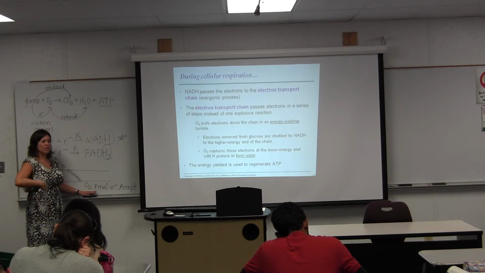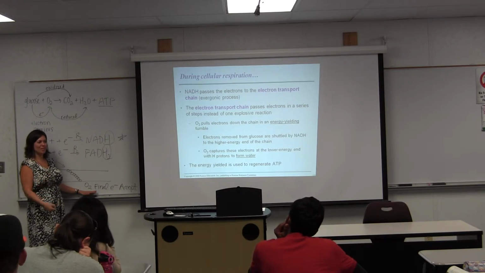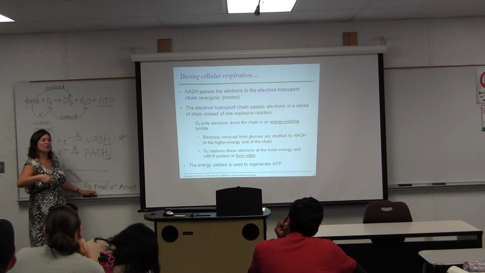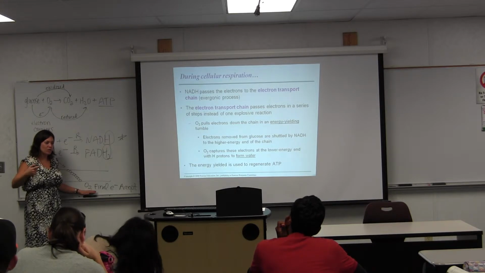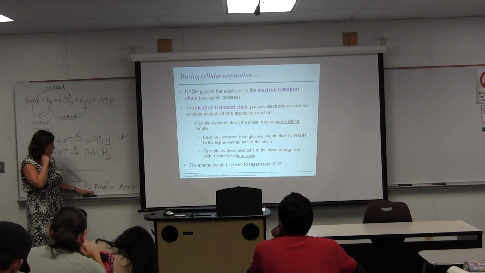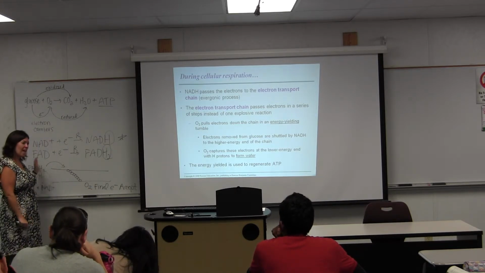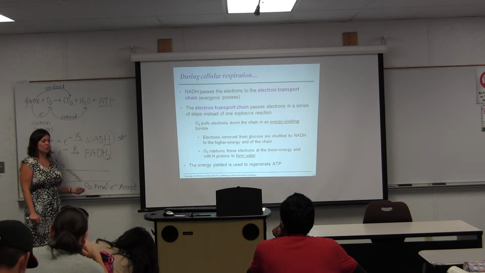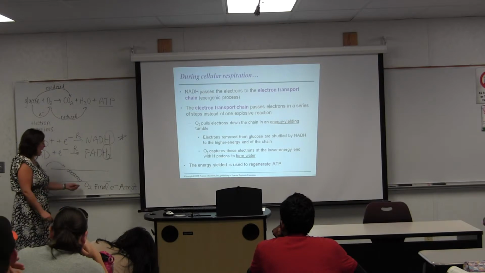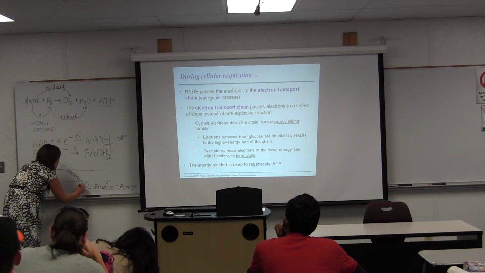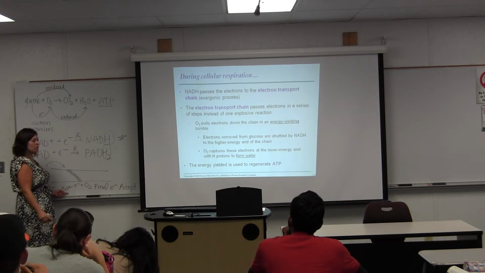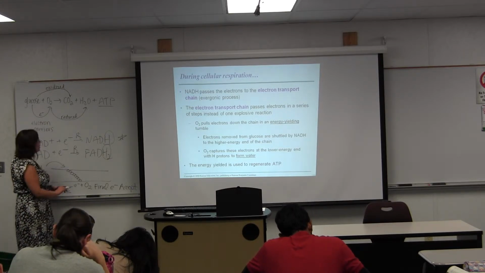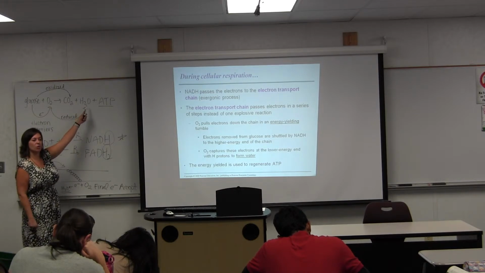So as all of us are sitting here loving life and loving cellular respiration and biology lecture, our cells are breaking down glucose and making energy. The electrons eventually reach oxygen, and when you add those electrons to oxygen, that gives you water. So the electron transport chain is where we get water as the product.